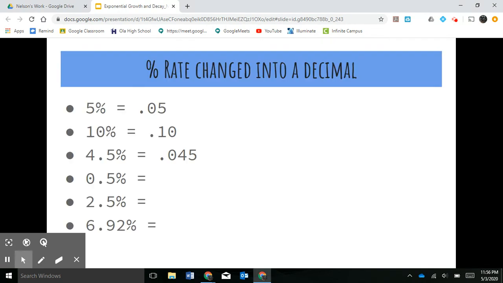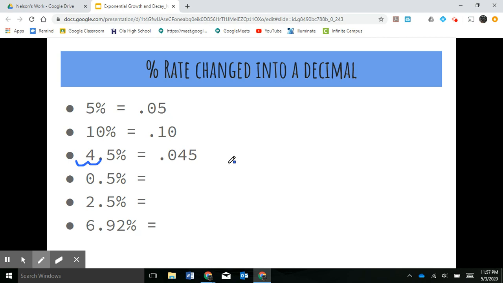Just a couple of reminders. When you change a percent to a decimal, we don't do any percentage problems. We have to change them all to decimals. So you move the decimal over 2 places to the left. So 5% becomes 0.05, 10% becomes 0.10, 4.5% becomes 0.045.